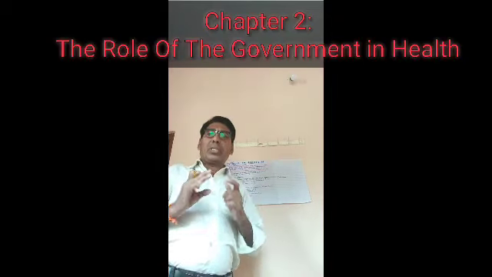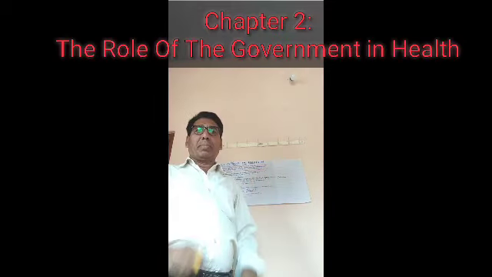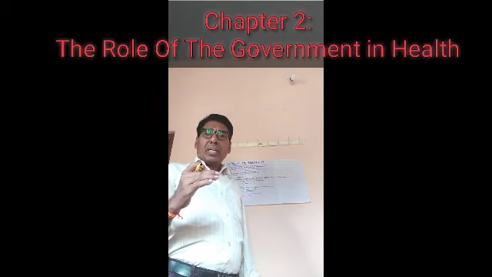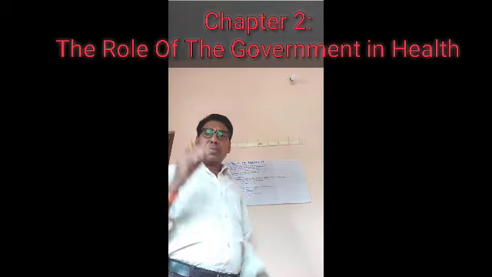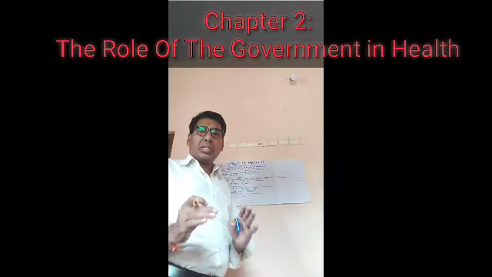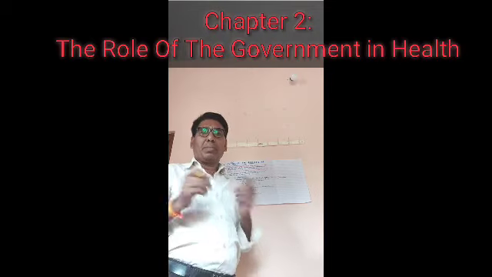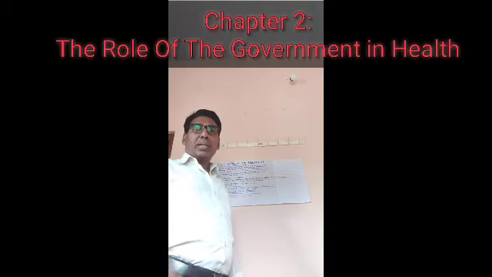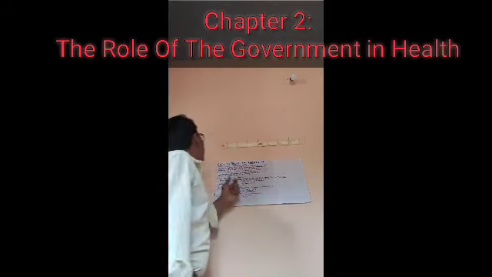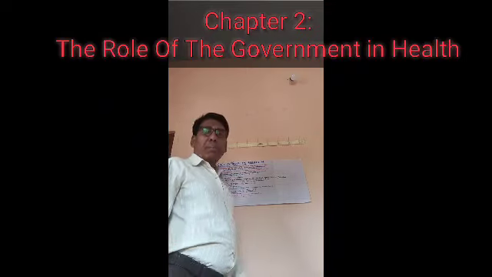As per the definition of democracy, children, I have already repeated this definition many times, but as the situation comes here, I am again revising it. Democracy is a kind of government by the people, for the people, and of the people.